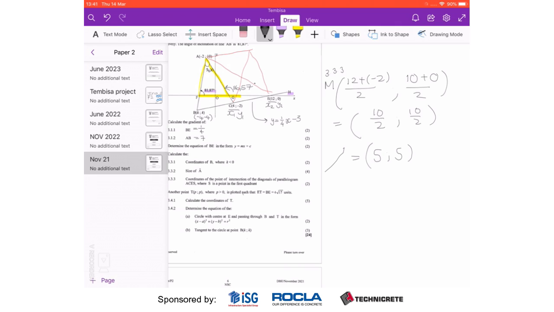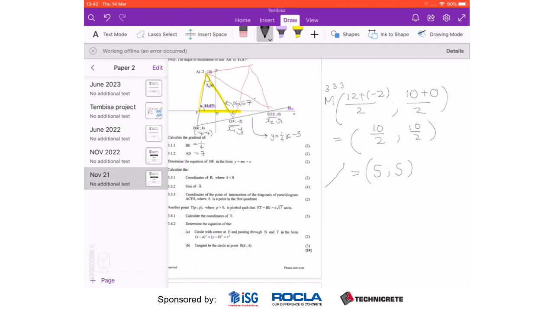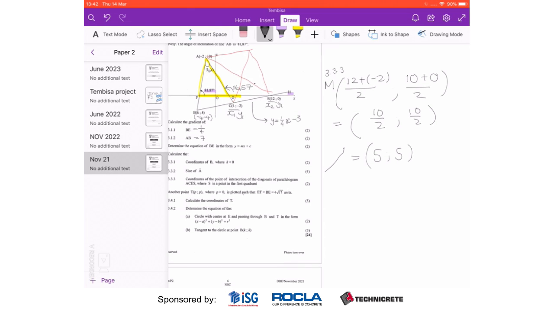Okay, fairly easy question, just finding the midpoint, and you had to understand what they were asking you, that if we were to draw this parallelogram, we could only find the midpoint using A and E. Okay, let me erase this out so it doesn't confuse us.